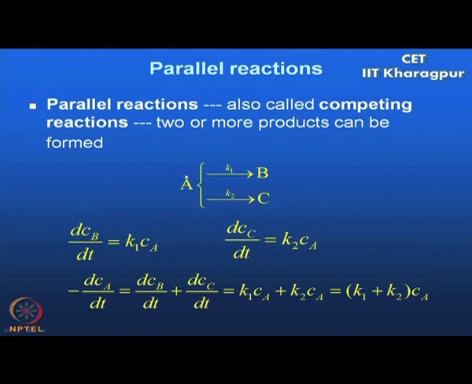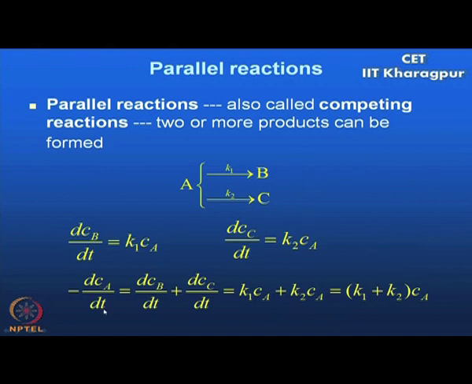If we talk in terms of A, because A has got two channels, one is this channel, another is this channel, the overall disappearance of A, that is minus dCa/dt, is equal to dCb/dt plus dCc/dt, because it is a sum of these two rates.